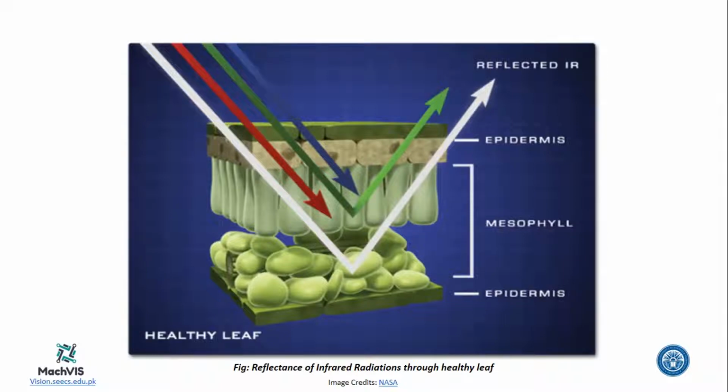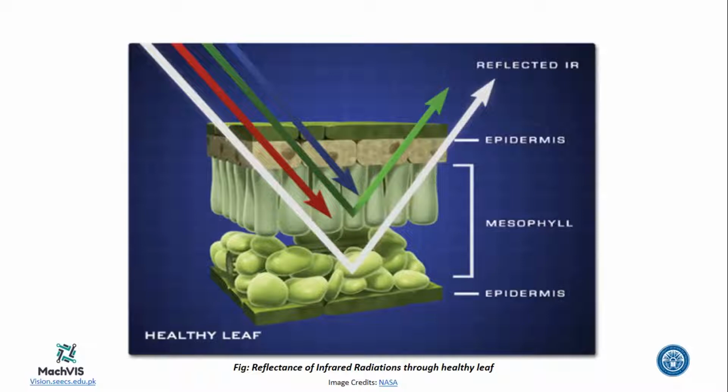That is photosynthesis, chlorophyll pigmentation, and chlorophyll cells, which are actually responsible for the photosynthesis process and the reflectance of the green light. Most of the NIR wavelengths are highly reflected.